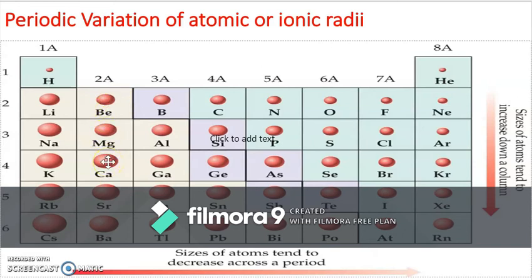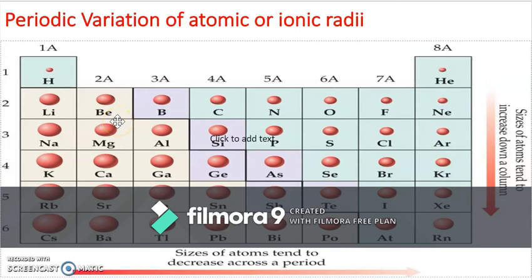As we move from top to bottom in a group, mainly two factors affect the increase in atomic or ionic radii. The first factor is very simple, that is the addition of an extra shell at every successive period.